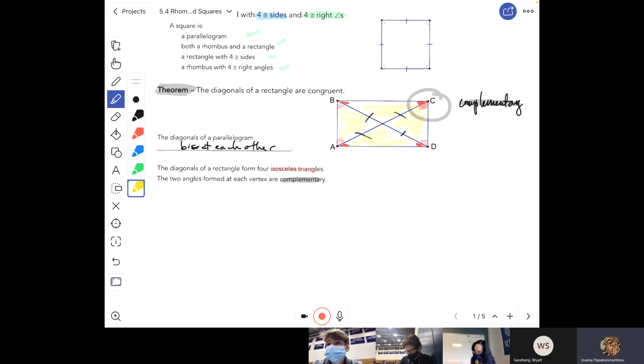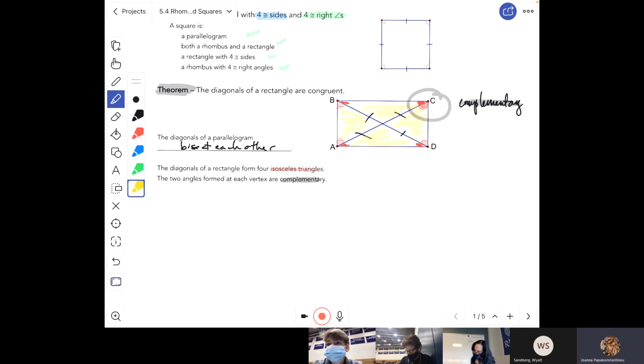Another theorem. Look at these theorems. The diagonals of a rhombus are perpendicular.